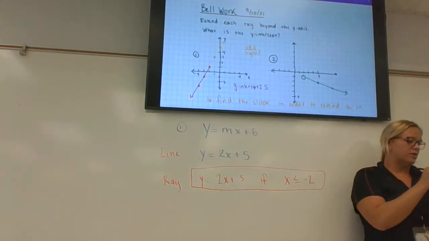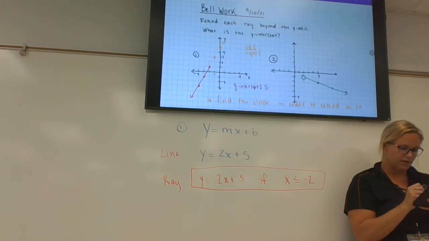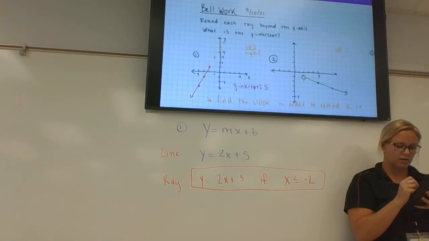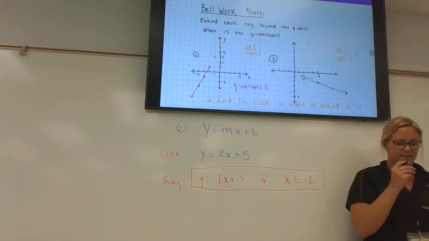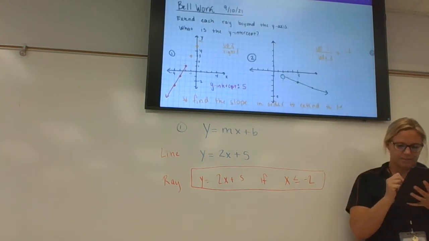Who found the slope for number 2? Up 1 over 4. Up 1 and then left. Oh, wait, hold up, 3. Okay, since it's left 3, I'm going to show that as a negative, right?